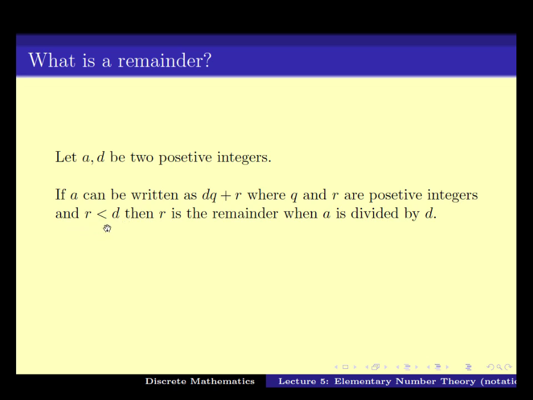Note that there is a unique way of writing a as dq plus r, where r is strictly less than d. When we can write it this way, we say r is the remainder when a is divided by d.